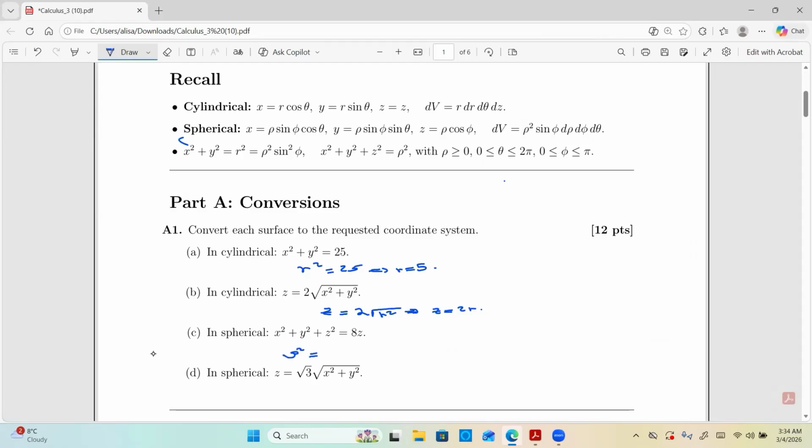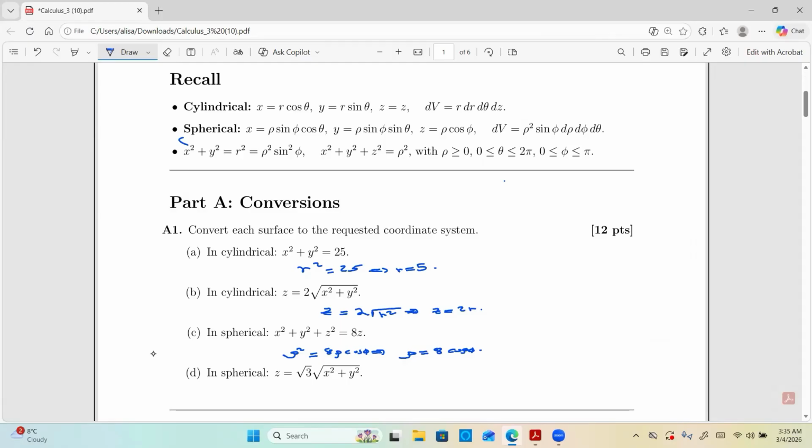And the right-hand side is just 8 times z, which is rho cosine phi. Then for positive rho, we can cancel a rho, and this means that rho is simply 8 cosine phi. So this is the final shape of the answer.